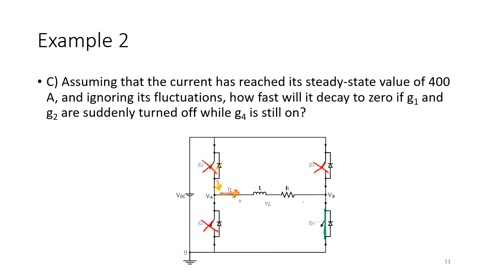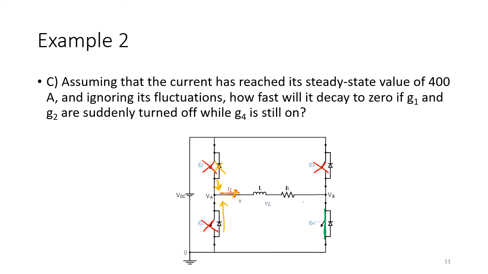So this diode cannot conduct it. But if the current comes from here, it's okay. We can keep the current flowing through the diode. So the current continues. Now it wants to exit at point B.